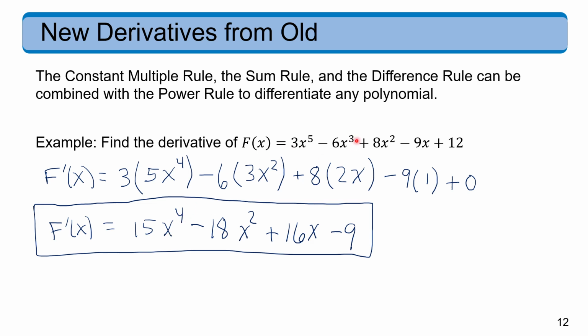And then on this one, you're bringing down a 3, go ahead and multiply it by the minus 6, that gives us minus 18. Reduce the power by 1, and so on. As needed, go ahead and write out this middle step, but eventually you'll get comfortable enough with these that you can just go straight from f to the simplified f prime.